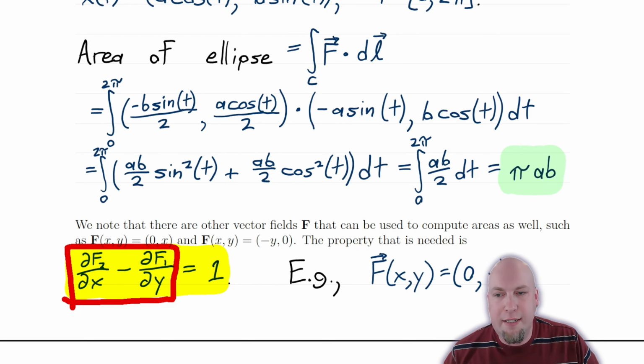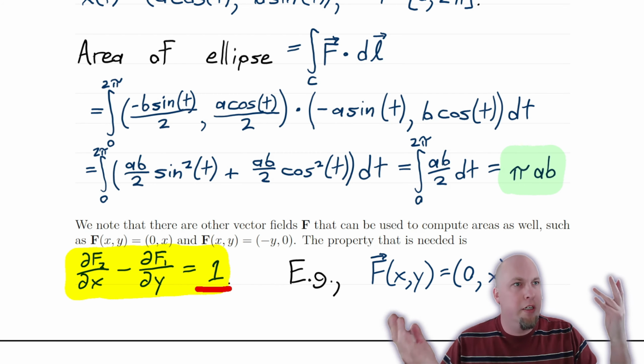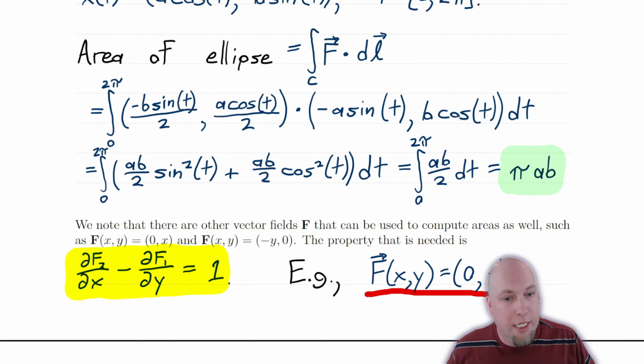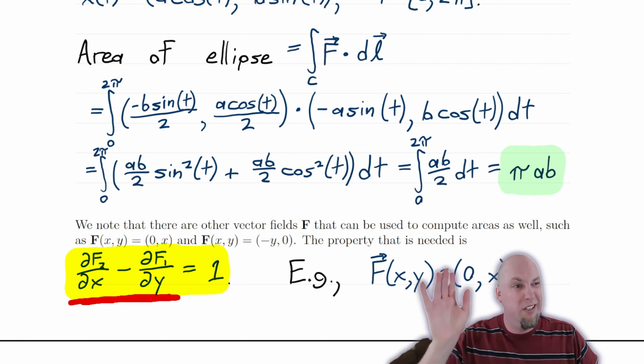So as long as del f2 by del x minus del f1 by del y equals 1, then you're good. You're going to get the area when you do this vector line integral. For example, if your vector field was 0, x, that works as well. If your vector field was negative y, 0, that would work as well. As long as this funny mixture of first partial derivatives equals 1, you're good to go.